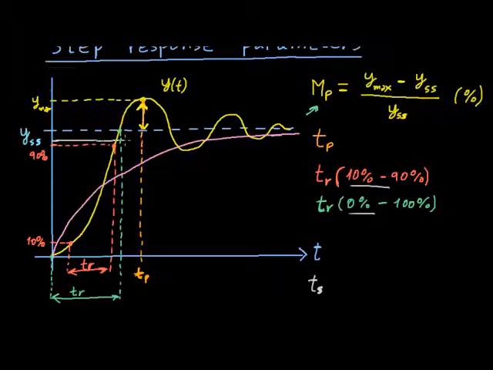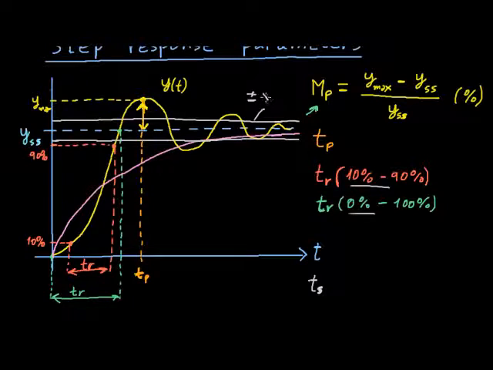I'll draw a solid line around the final value, and these are error bands. Let's say they are plus minus lambda percent of y_ss.